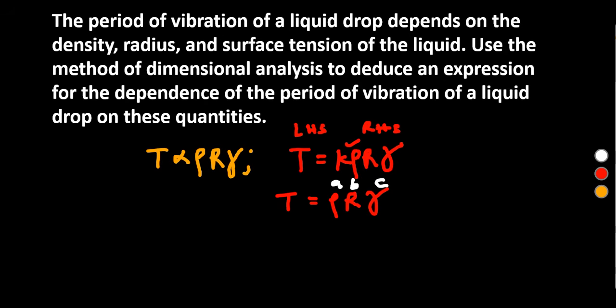So we are going to equate the dimension of the left hand side to that of the right hand side, as we have said earlier. So how do we go about that? This is the period of vibration of the liquid drop.